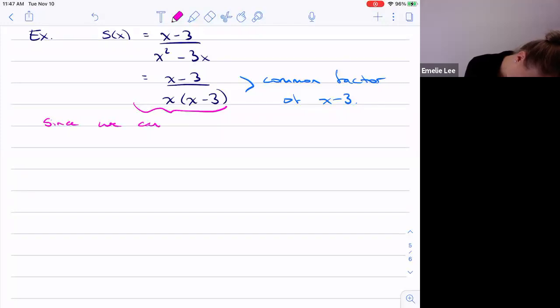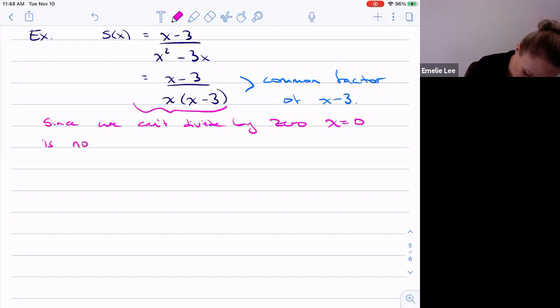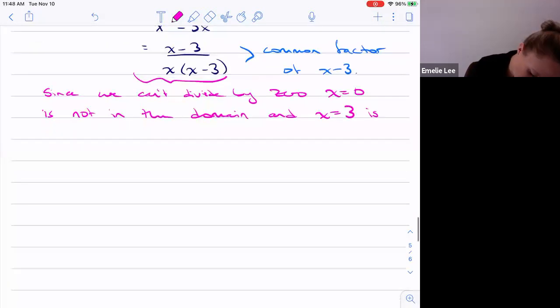Since we can't divide by 0, x equals 0 is not in the domain, and x equals 3 is not in the domain.